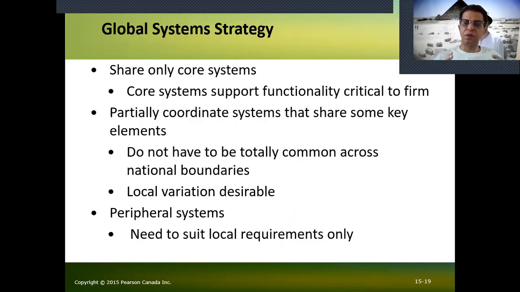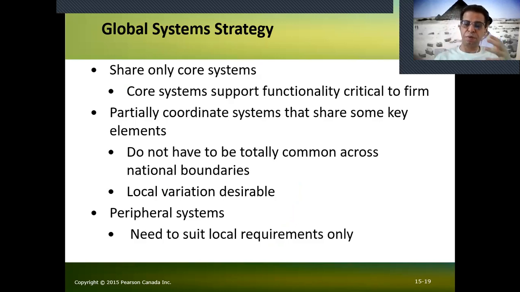Now, in the global system strategy, you share only the core systems. The core systems support functions critical to the firm, the core functions. Then partially coordinated systems share some key elements, and they do not have to be totally common across national boundaries; local variation is desirable.